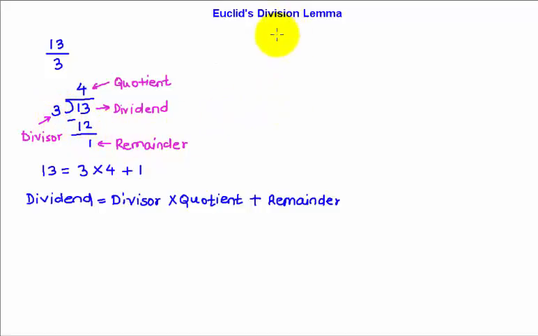Now let's take one example where the number of pencils is 12 and you want to distribute them equally between 3 students. In this division, 3 fours are 12, and if we subtract 12 from 12 we get 0 as the remainder. Let's take one more example.